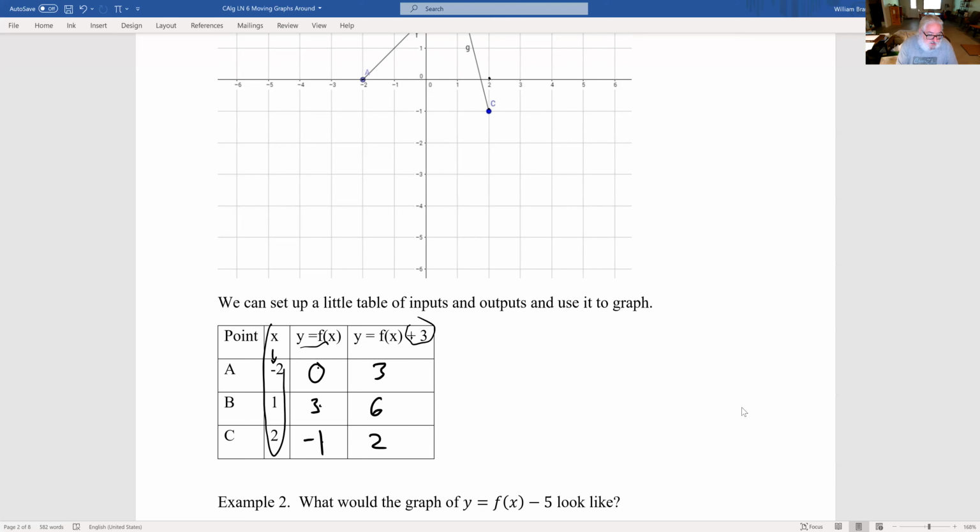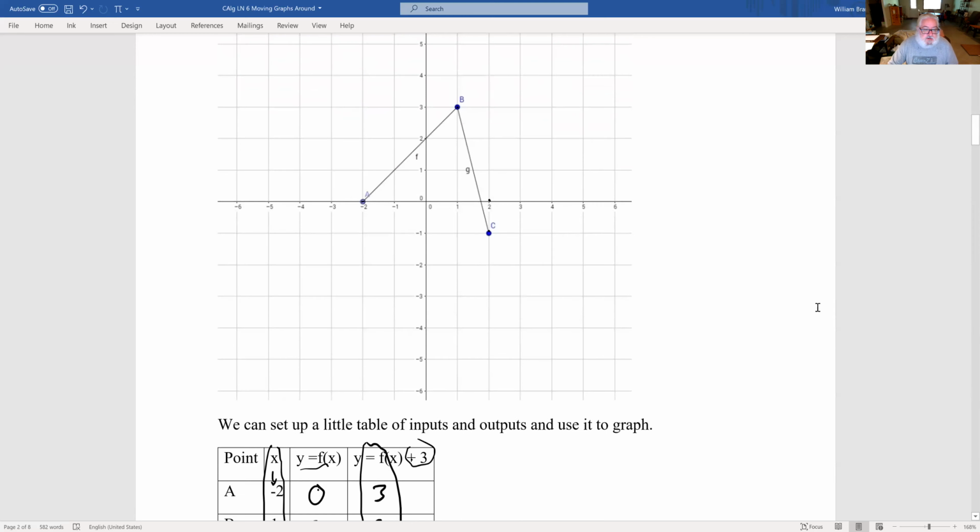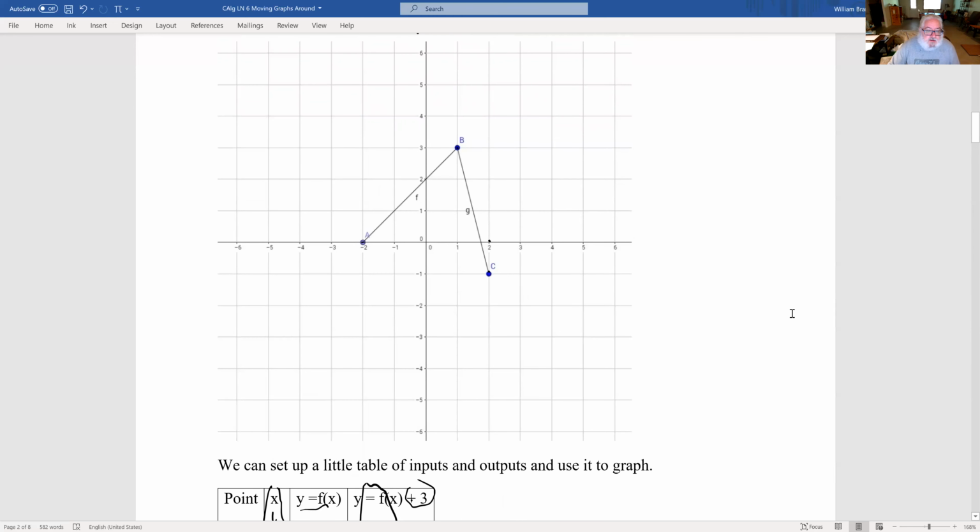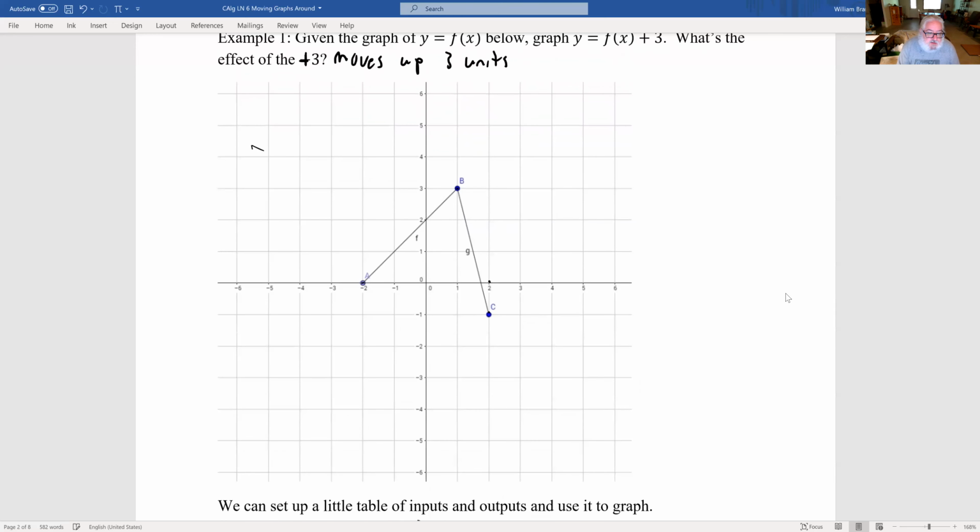The points we want to graph have these as their x coordinates and these as the y coordinates. So at -2, we want a point that's at height 3. That's our new point. At 1, we want a point that's at height 6. And at 2, we want a point that's at height 2. So this is our new A, our new B, we'll call that B prime, and our new C, C prime.